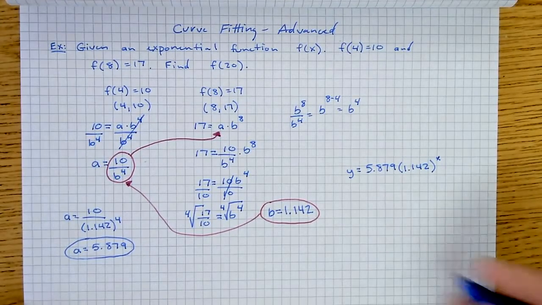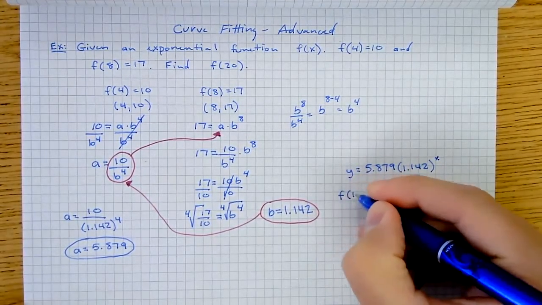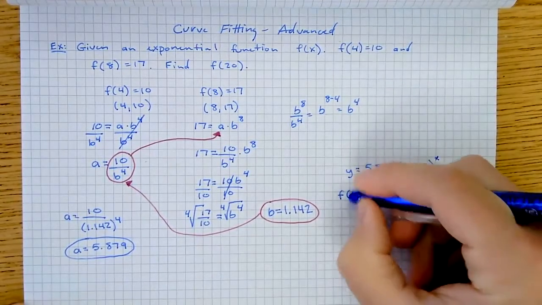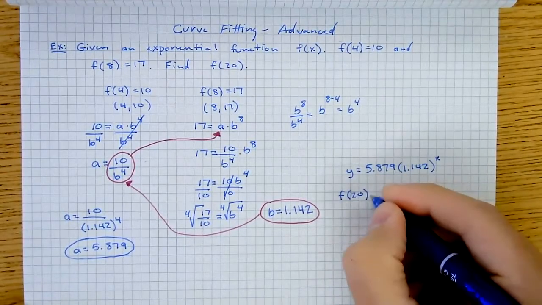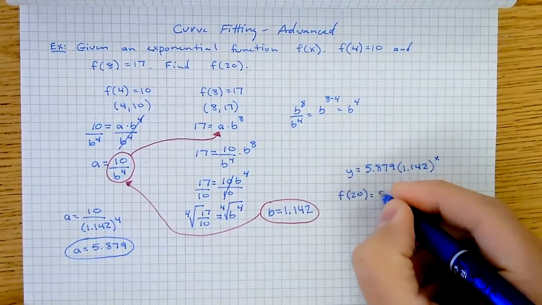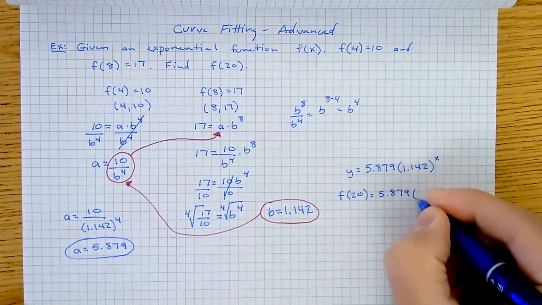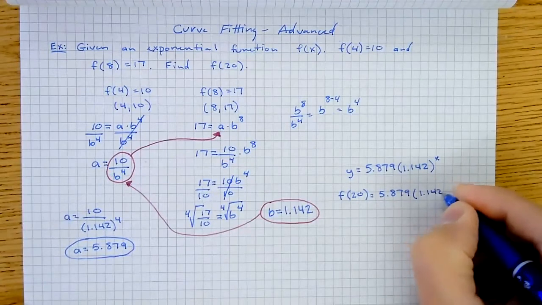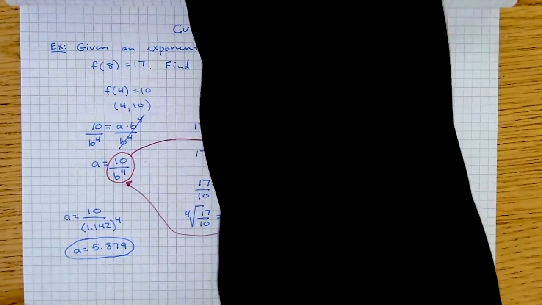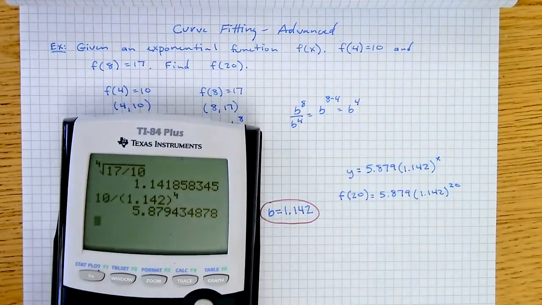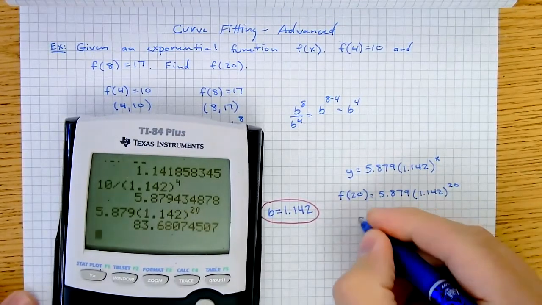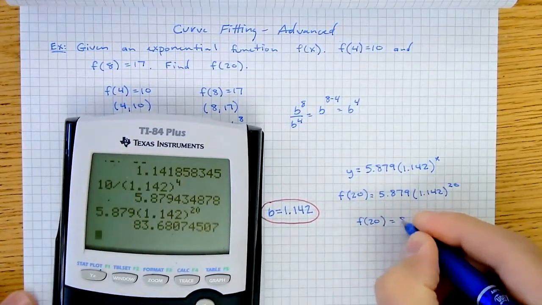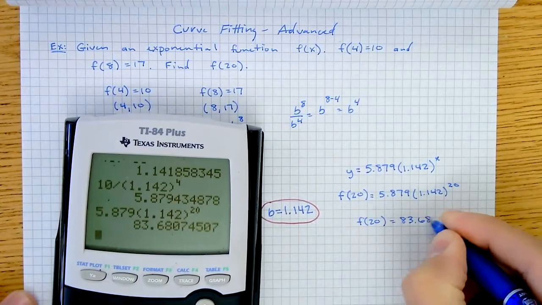Okay, we could have written it as f of x, because now if we want to find f of 20, we're plugging in 20 for x. Okay, and we get a value of about 83.681.